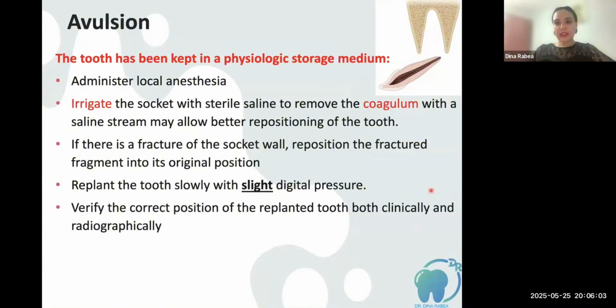Make sure the position is radiographically and clinically acceptable, and start splinting the tooth. And if the tooth is with a closed apex, again, we have to initiate endodontic treatment before removal of the splint, or before 2 weeks of time. And if it has an open apex, just hope for the best unless you get signs and symptoms.